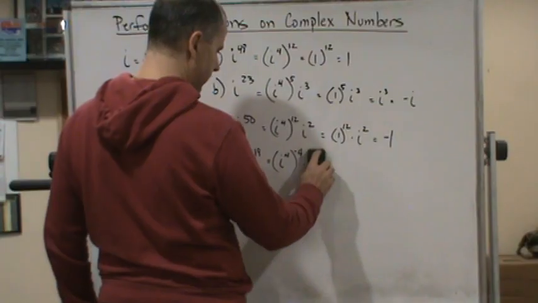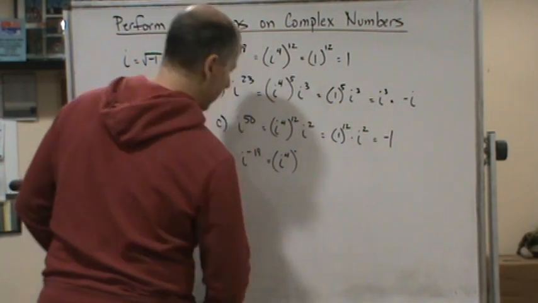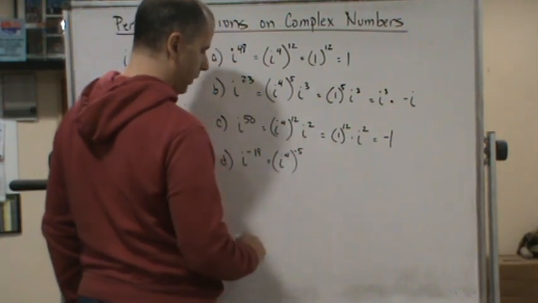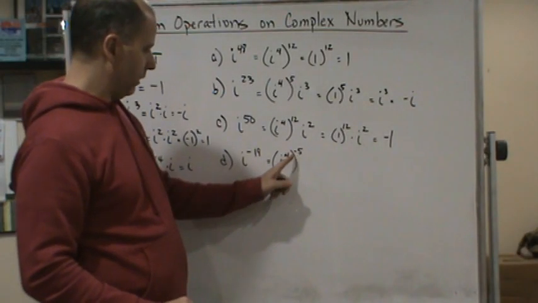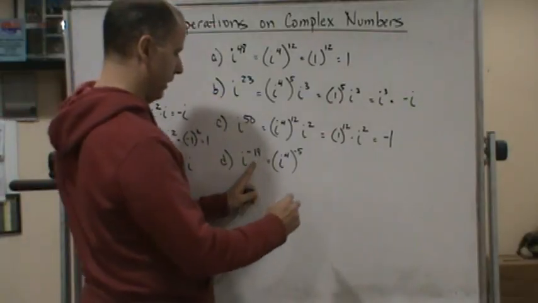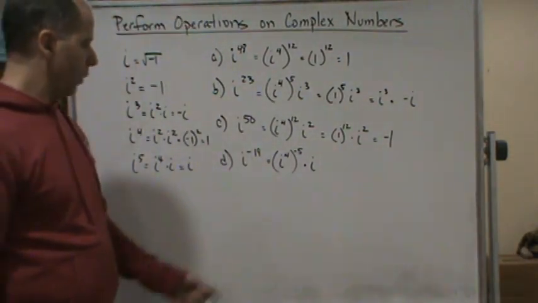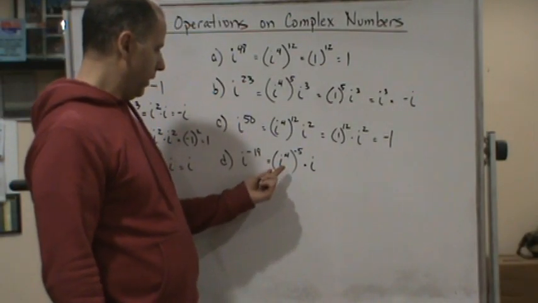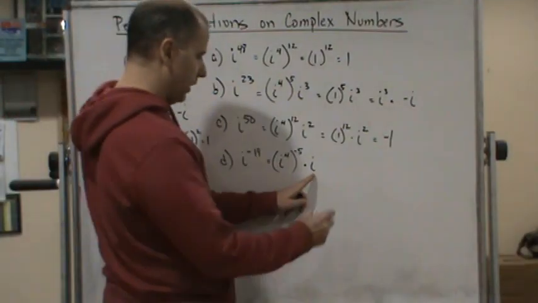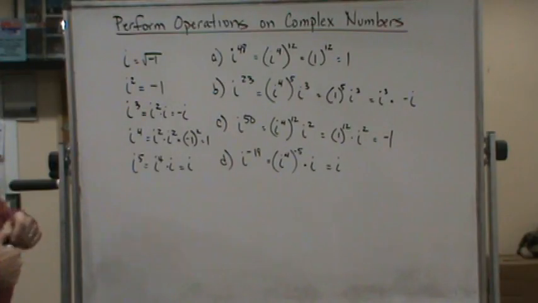So let's do i to the fourth raised to the negative 5th power, which would be negative 20. But we don't want negative 20, we want negative 19. So let's multiply by i here. i to the 4th is 1, so 1 to the negative 5th power is still 1, which leaves us with i, which is our final answer.